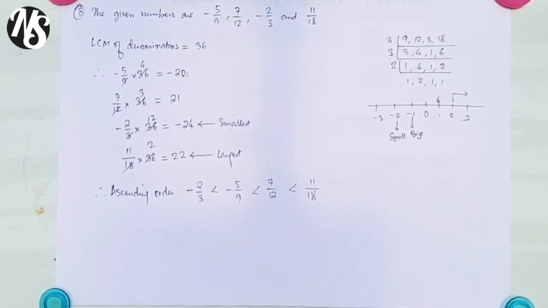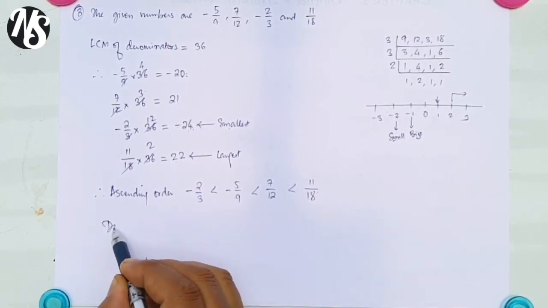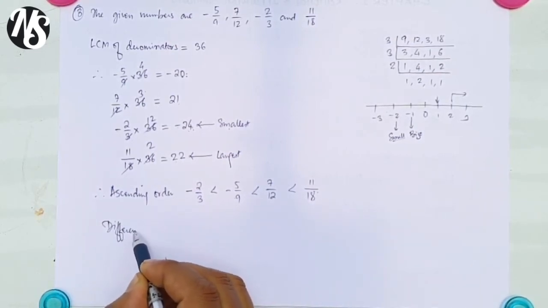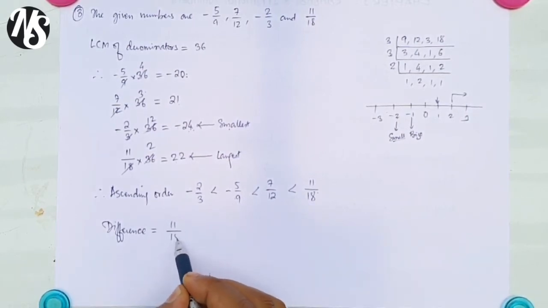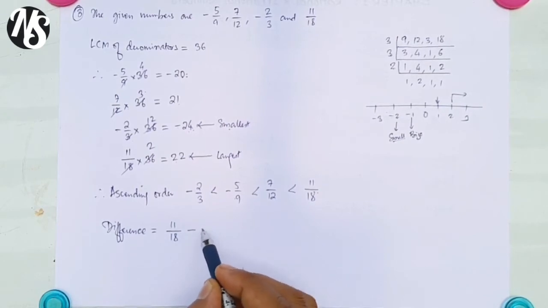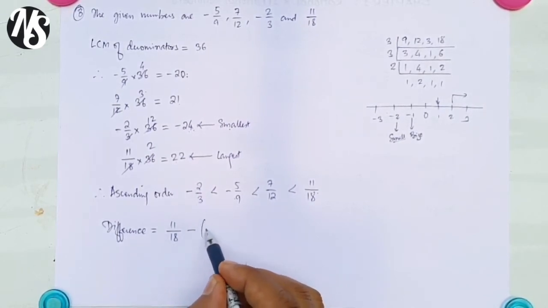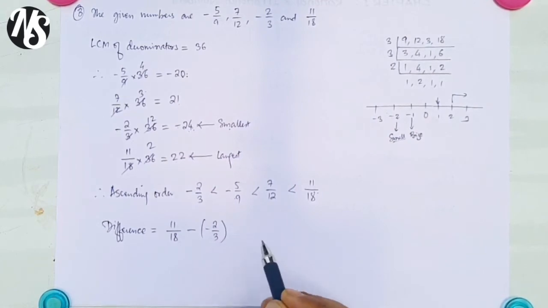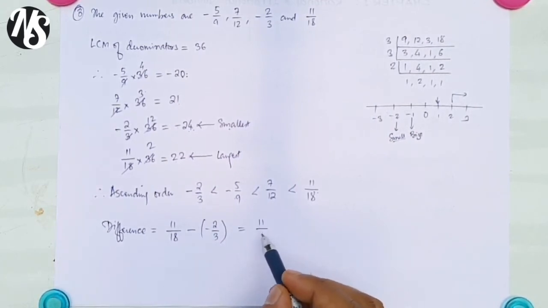Now the question is saying find the difference between the largest and the smallest. So this is the largest and this is the smallest. Largest is 11 by 18. Difference means minus, so you have to subtract the smallest. Smallest is minus 2 by 3, so minus of minus 2 by 3. Let's first open the bracket.